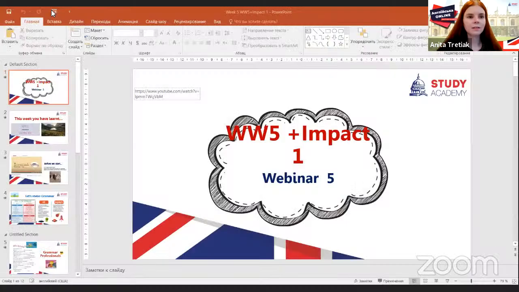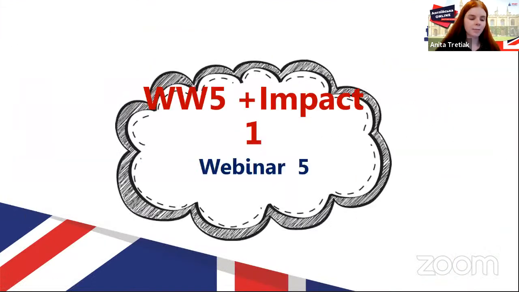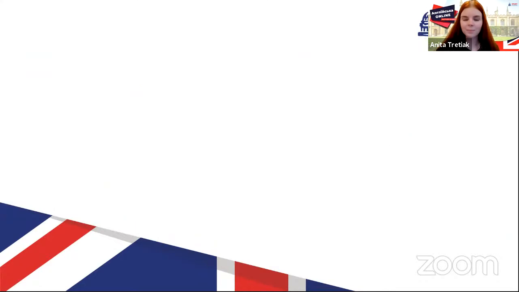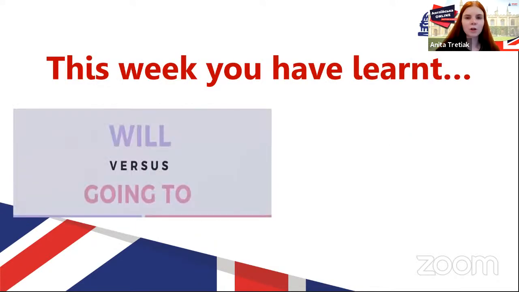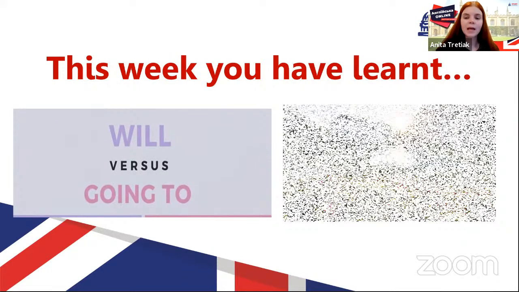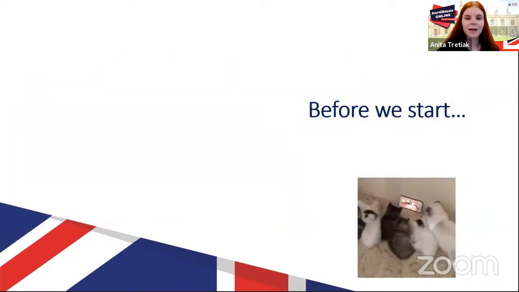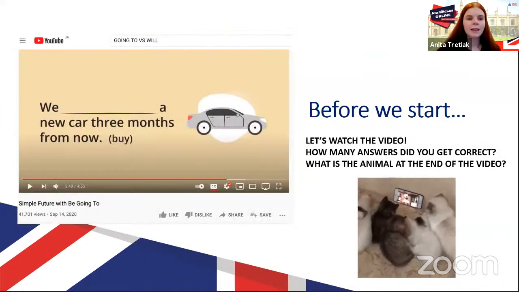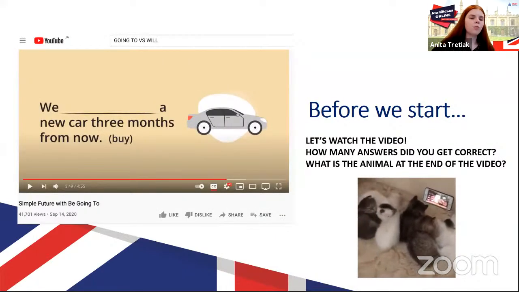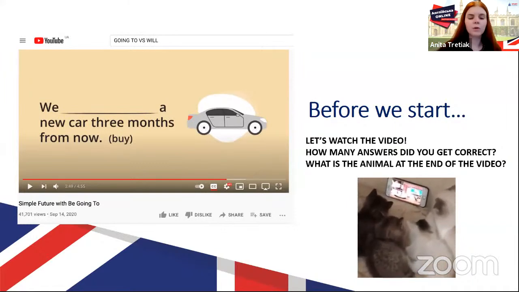Here is webinar number 5. As I've told you before, this week you have learned will versus going to, and also the words about nature. But before we start, let's watch the video. This video will be about the structures simple future with be going to.